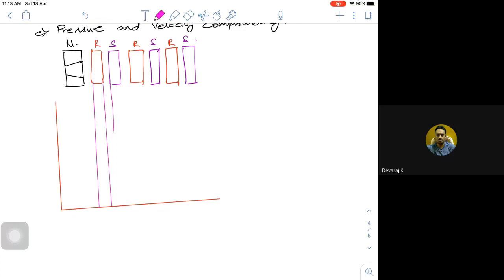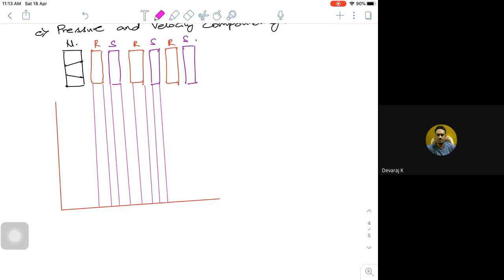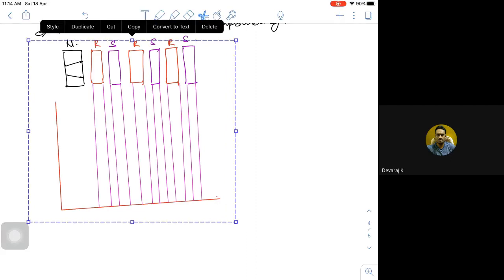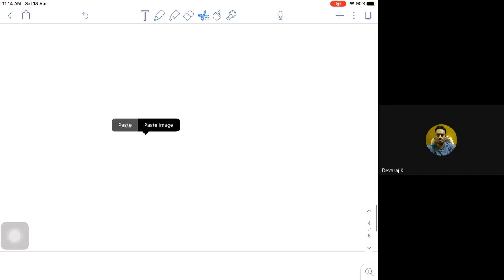And these are your stators. I can use the same thing for the other compounding also.